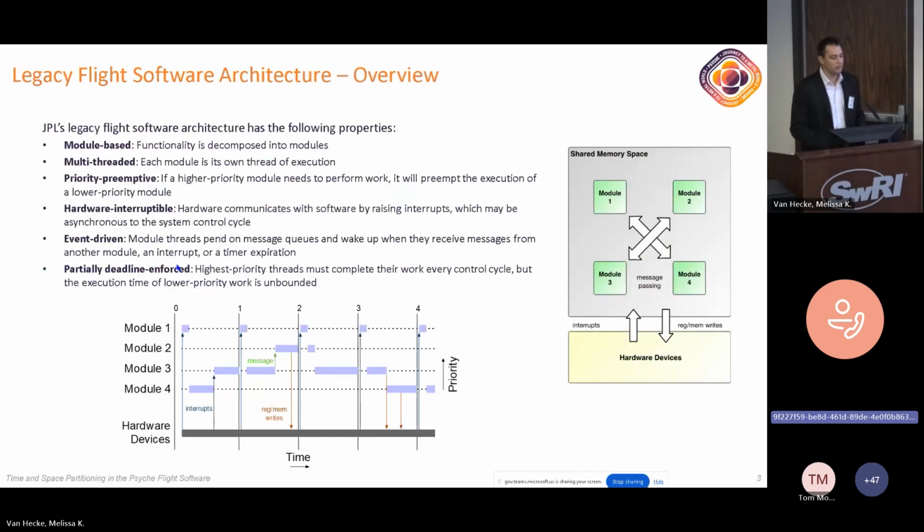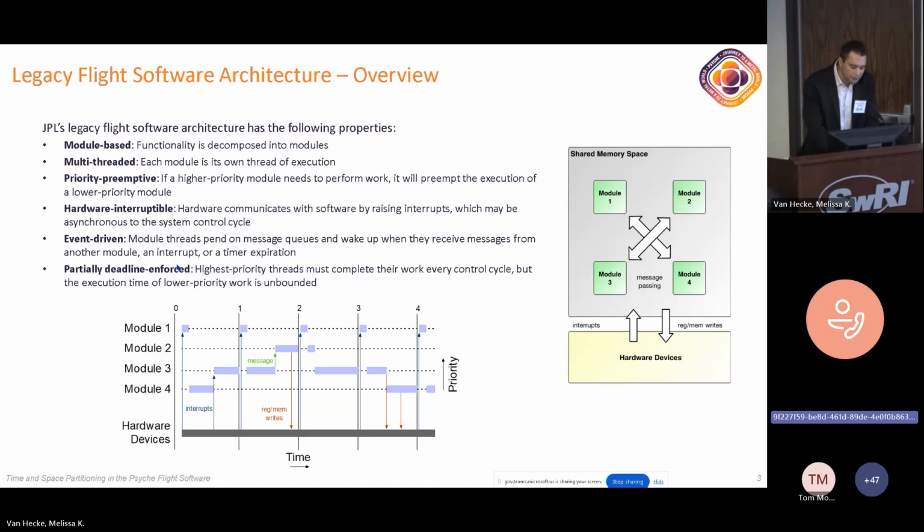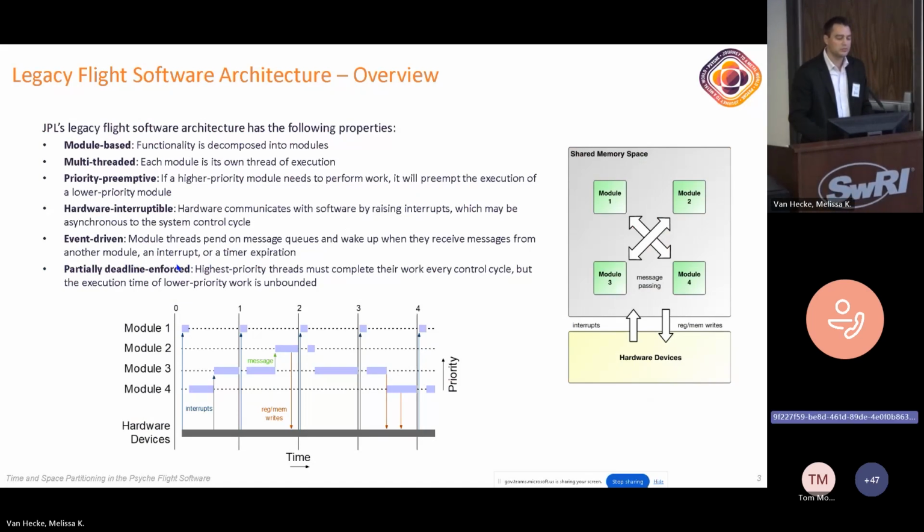At a little bit lower level of detail, the legacy flight software at JPL really has the following properties. First of all, it's module-based, meaning its functionality is decomposed into independent modules. This architecture is multi-threaded, where as a general rule, each module has its own thread of execution. There are exceptions, but that's generally the case.